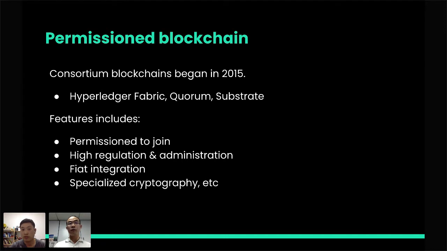Another one is Substrate. It's very flexible for building blockchains. Actually, a permission blockchain can be easily achieved using Substrate. For permission blockchain, the features include that the users or node operators need permission to join the network. You are not free to join the network.